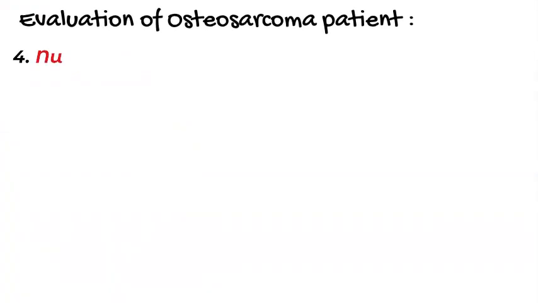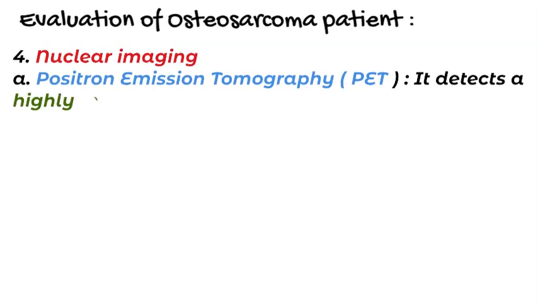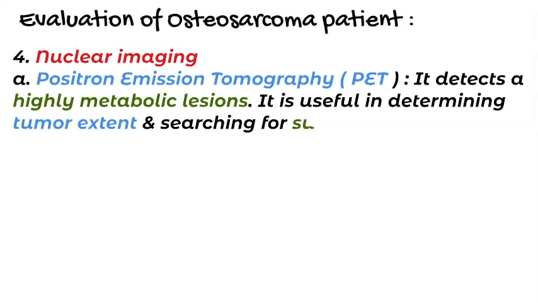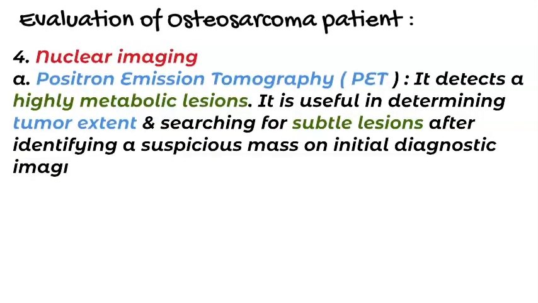Number 4, nuclear imaging. The nuclear imaging consists of A. positron emission tomography (PET) scan. It detects highly metabolic lesions. It is useful in determining tumor extent and searching for subtle lesions after identifying a suspicious mass on initial diagnostic imaging.